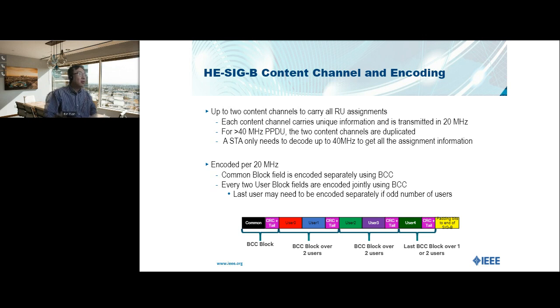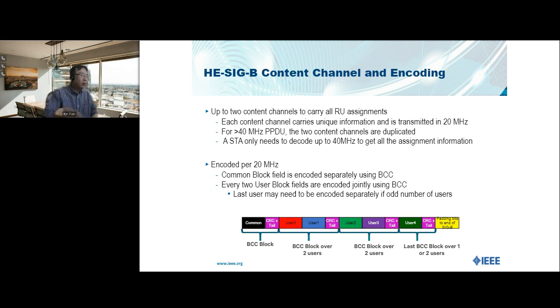So in other words, in the SIG-B part, instead of duplicating every 20 megahertz, we now define two content channels, okay? Instead of duplicating every 20 megahertz, we duplicate the two content channels.